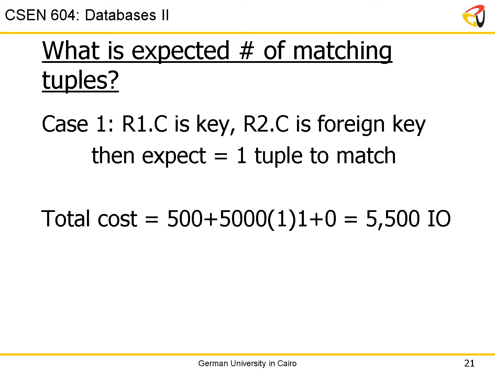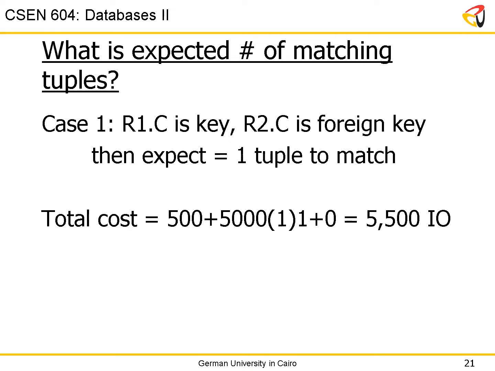R2, as a relation, is contiguous, but it is on disk. So to read the 5,000 rows, with 10 rows per page, I will spend 500 IOs to read all of R2.